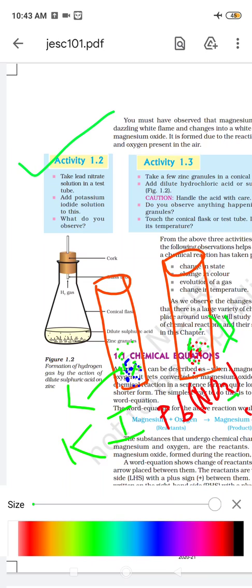Now mix the potassium iodide solution into the lead nitrate solution, so mix them with one another. Okay. Both potassium iodide and lead nitrate are white colored salts. When you mix them with each other, at that time you will get a yellow colored solution.